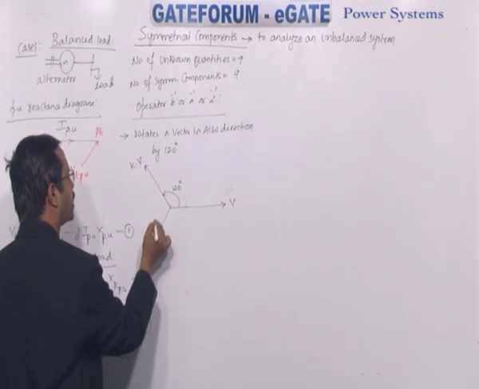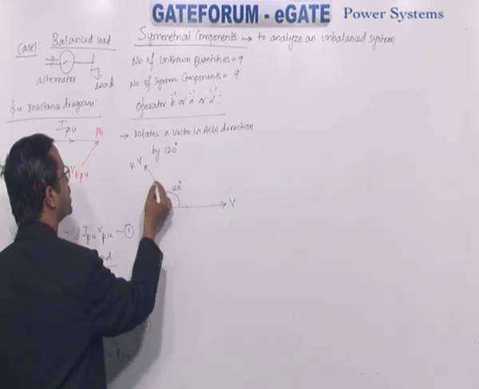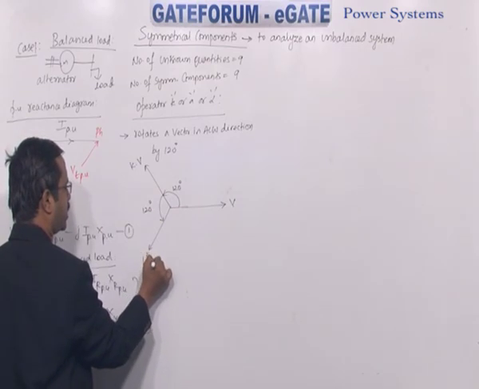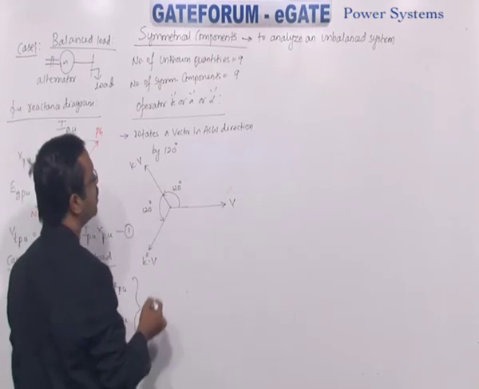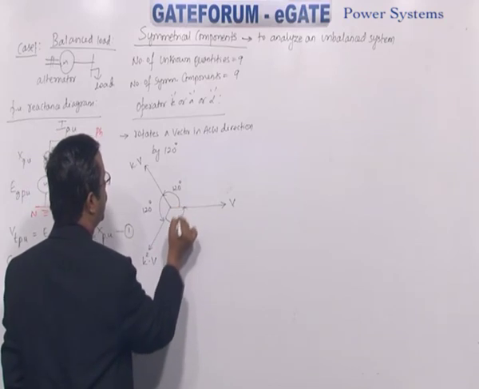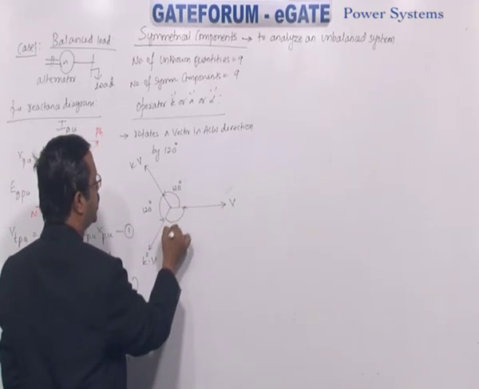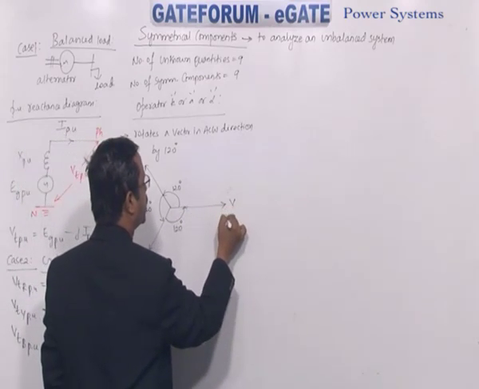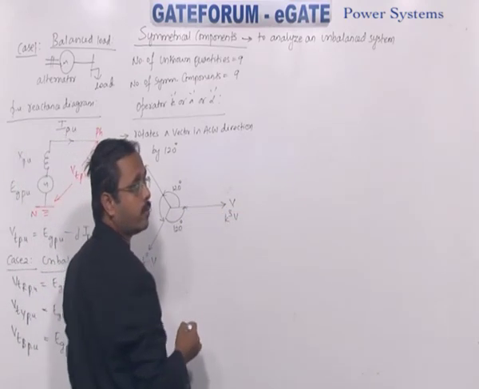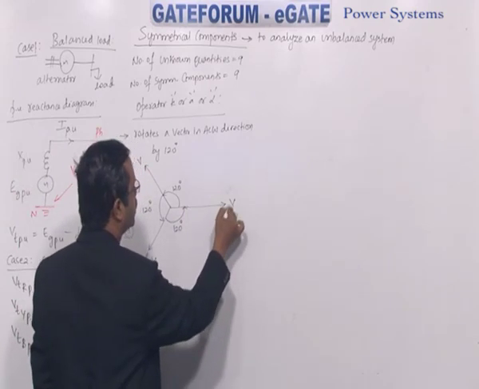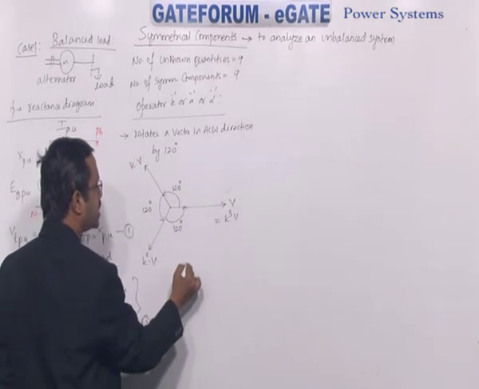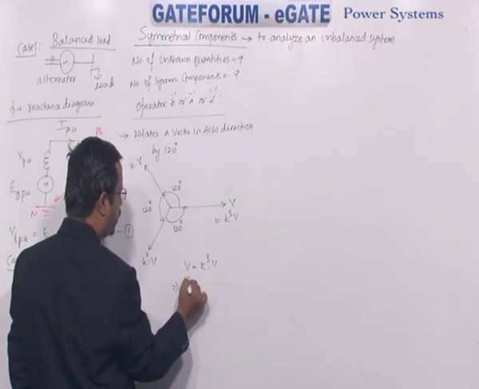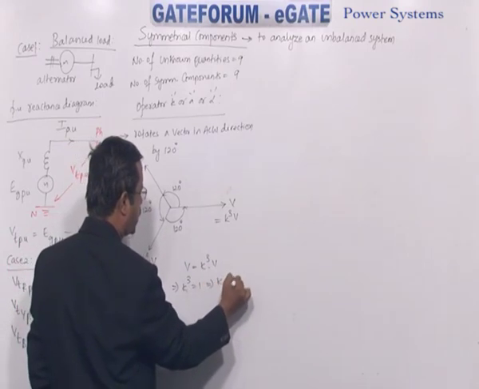Again apply operator K, it rotates kV anti-clockwise by 120 degrees, and you get K square V. Again apply operator K, and you get K cube into V. These are one and the same. If V is the same as K cube V, what do we conclude? K cube is 1.